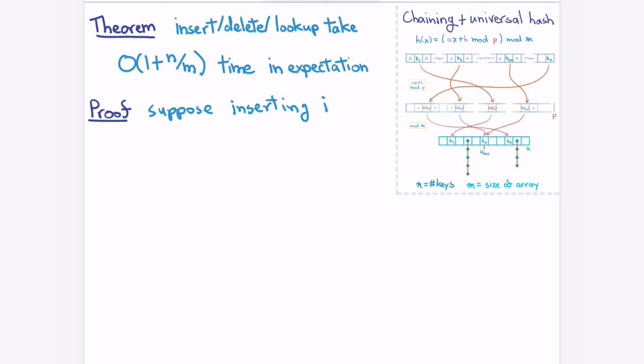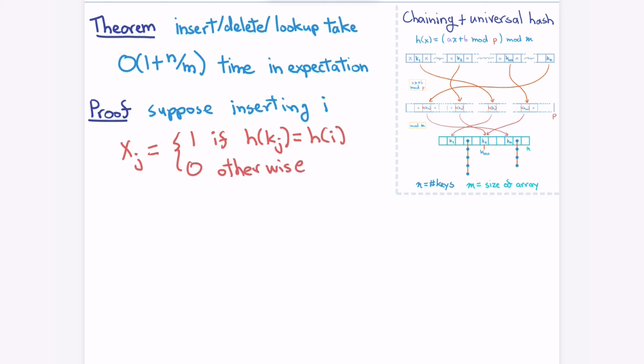Yeah, so the length of the list is how many other items I collide with. So maybe I'll make a variable for each one. I'll make x_j equal to 1 if, I'll write k sub j for the jth key, k_j equals h(i), so that means it collides, and 0 otherwise.